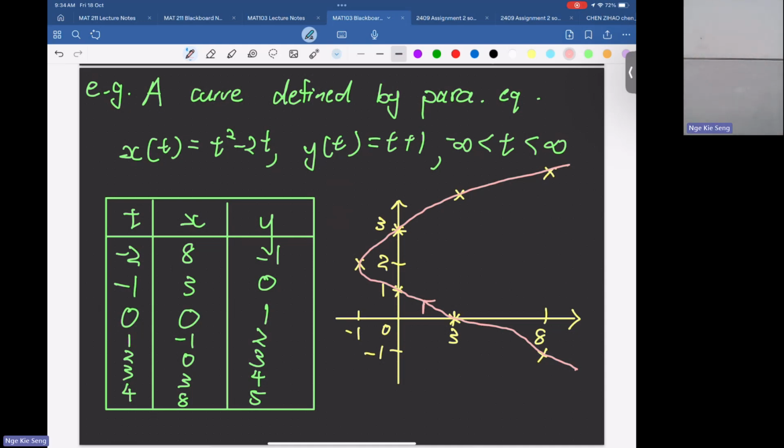And what else do you observe on this curve? Quite symmetric. Is it symmetric? Symmetric around where? Y equals 2, right? Good, symmetry around y equals 2.